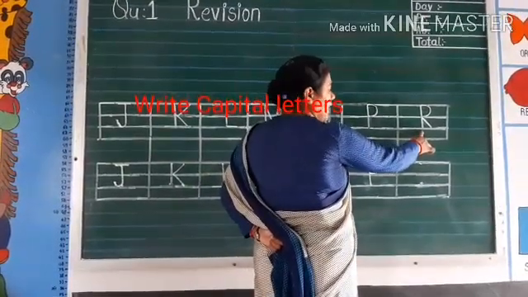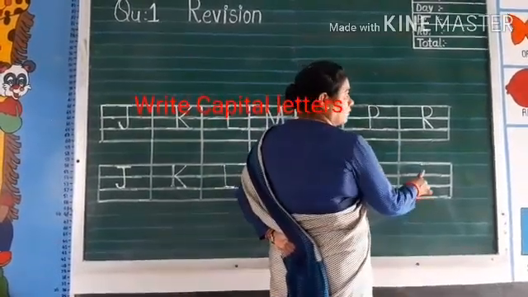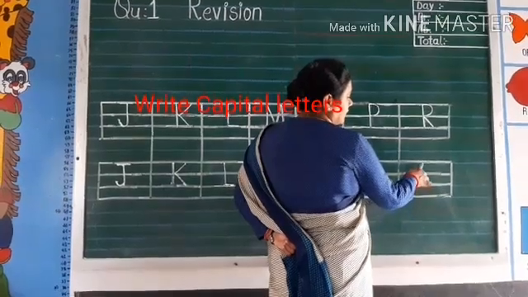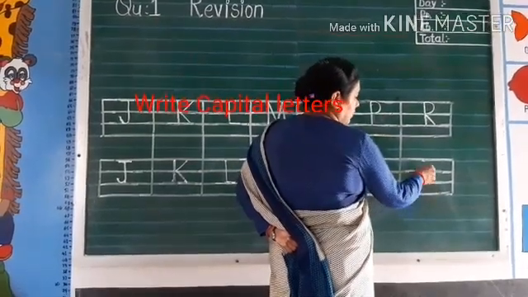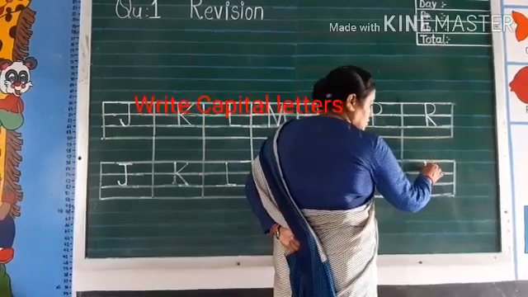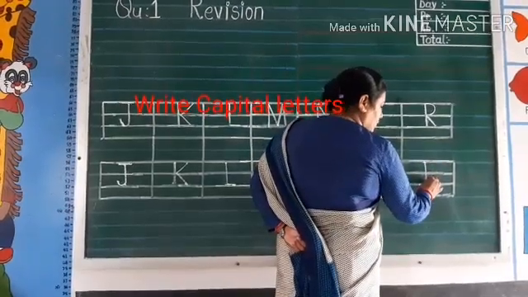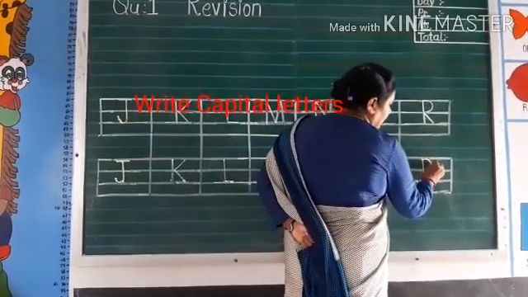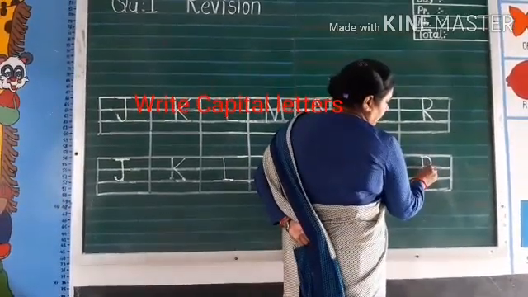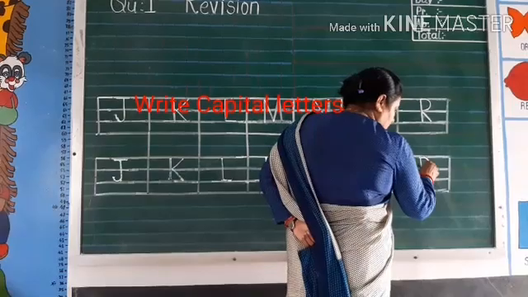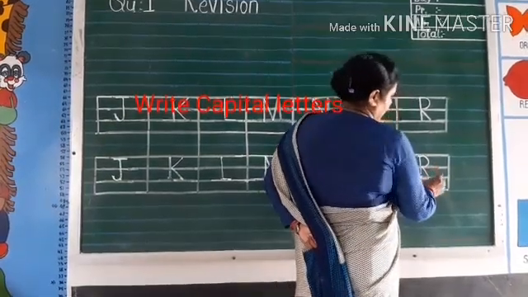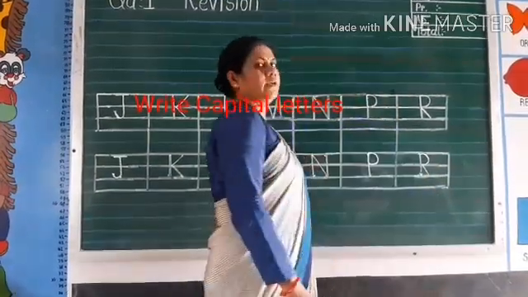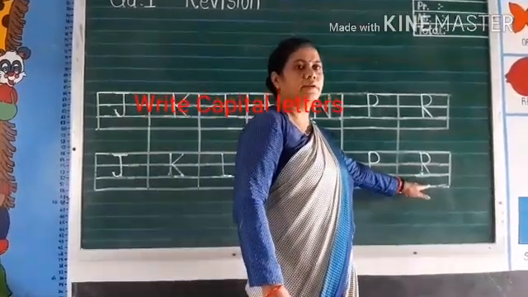Capital letter R. How to write capital letter R? Here 2 dots are given. First, up to down, join the dots, make a standing line, little curve, and make a slant line downside. This way you have to write capital letter R.